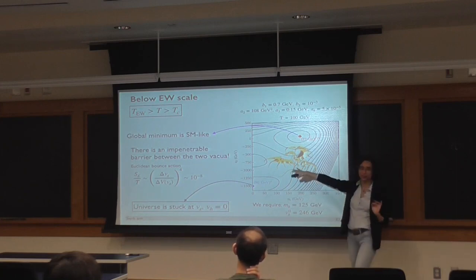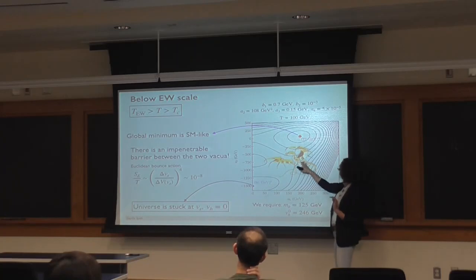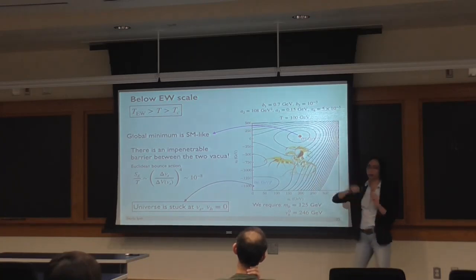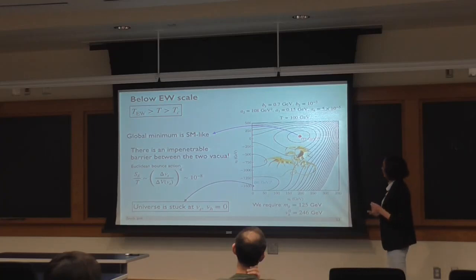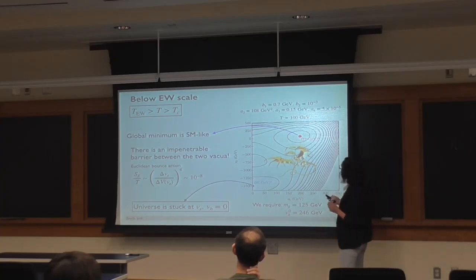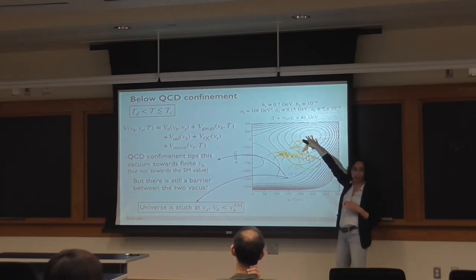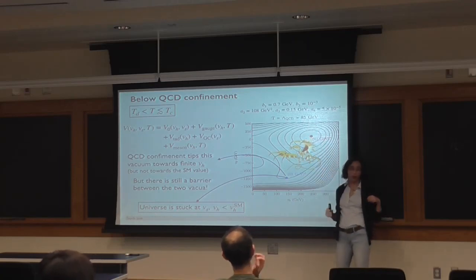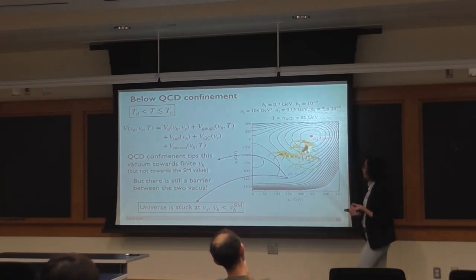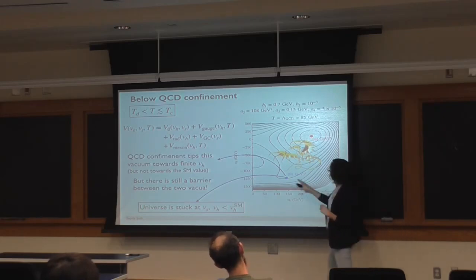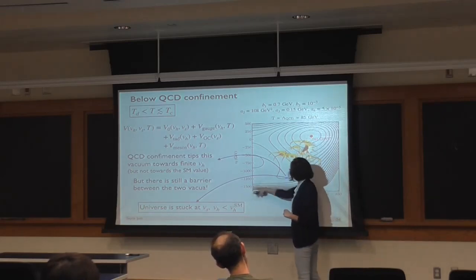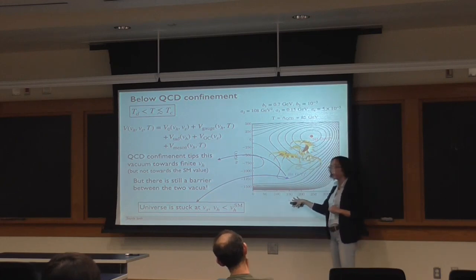So this is an interesting phase, and whenever there's a dragon, it will also correspond to a barrier separating the two minima. As the temperature falls to a critical temperature, here with these parameters, it is at 85 GeV. This is when QCD confines, because the strong coupling constant became strong enough, and that confinement tilts the potential in the Higgs direction.